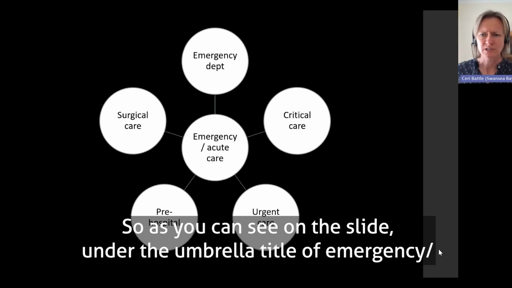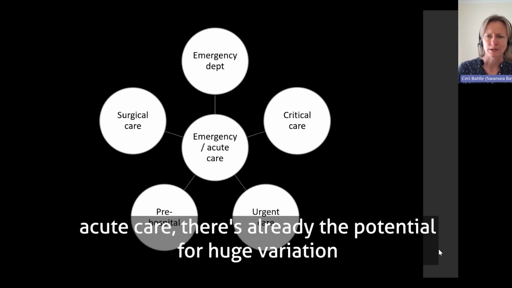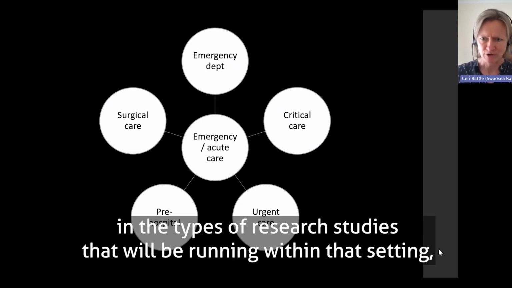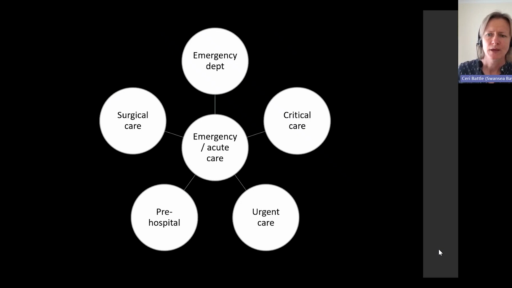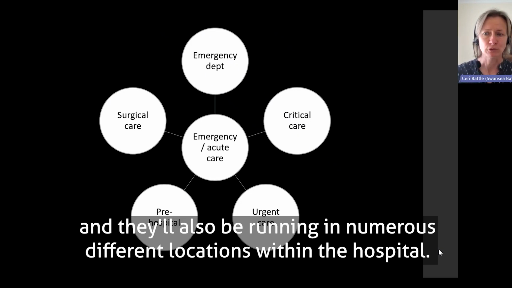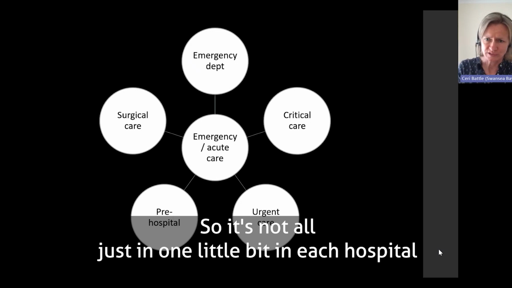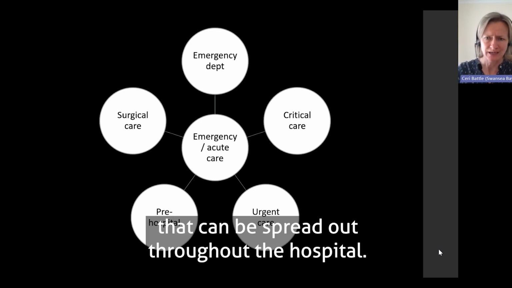As you can see on the slide, under the umbrella title of emergency acute care, there's already the potential for huge variation in the types of research studies that will be running within that setting. They'll also be running in numerous different locations within the hospital, so it's not all in one little bit of each hospital; it can be spread throughout.